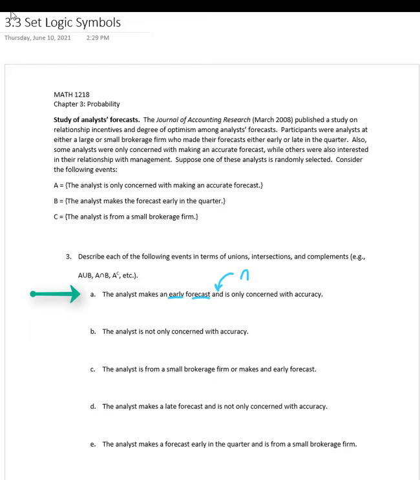That will help us to know whether we're using event A, B, or C. So early forecast is one of our clues, and also only concerned with accuracy describes another event.